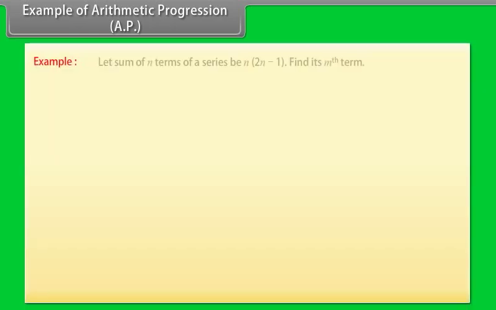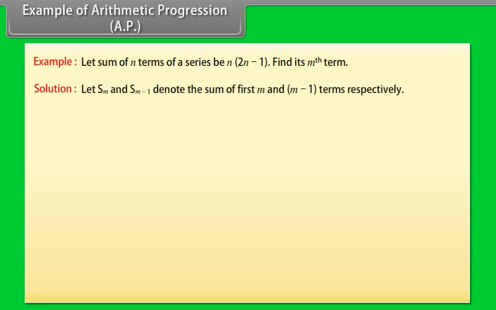Example of arithmetic progression, AP. Example: let the sum of n terms of a series be n into 2n minus 1. Find its mth term. Solution: let Sm and Sm minus 1 denote the sum of the first m and m minus 1 terms respectively.